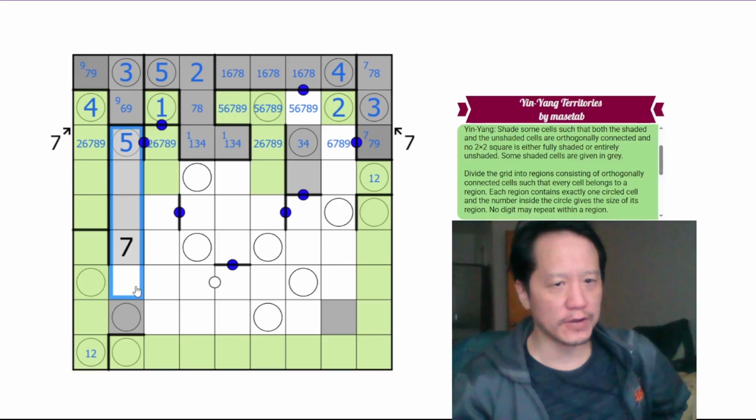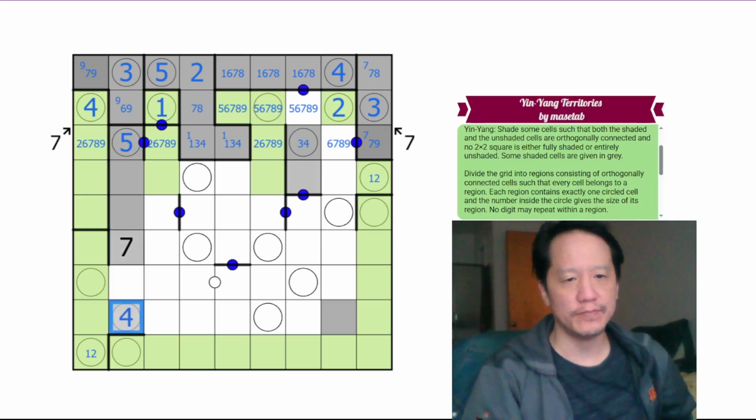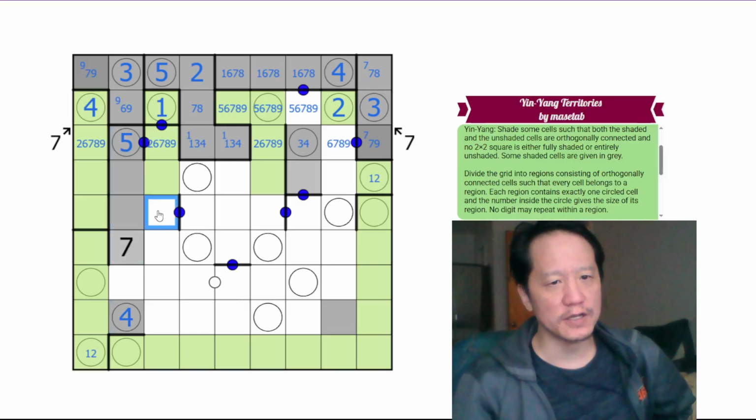Yeah, that could be fine. Except that this has to be 3, 4, 5, and we know this is 4. So this must then extend this way. So one of these is shaded, which means the other one is unshaded. So this must be a boundary here.